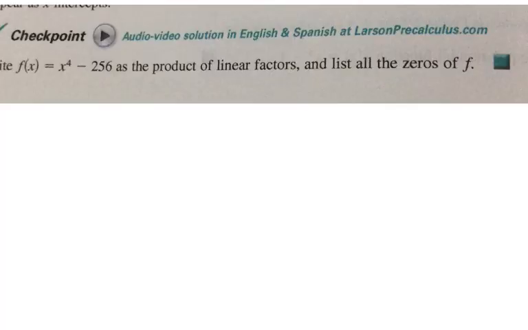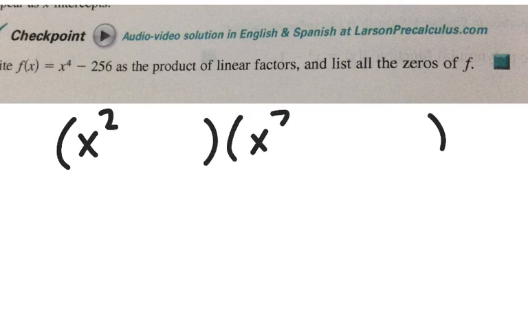Okay, so hopefully you factor that as a difference of squares. So that would give you x squared and x squared, 16 and 16. Then alternate the signs, plus and minus. Then what's the next thing you need to do? Right here we have another difference of squares.